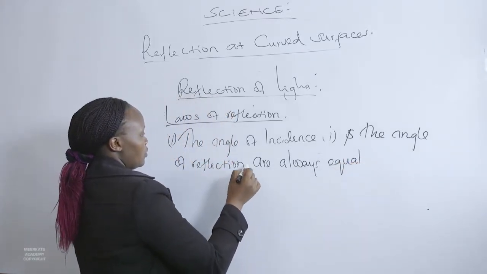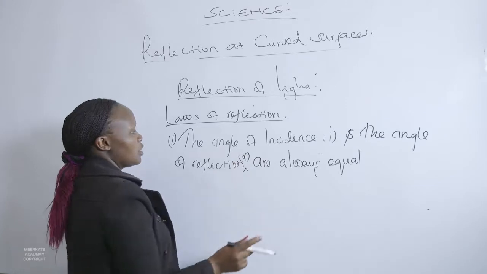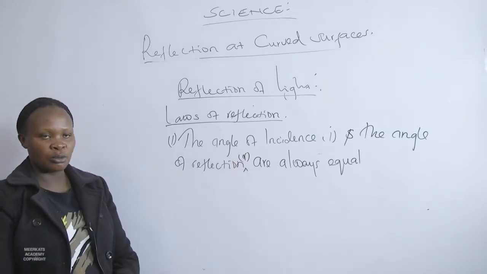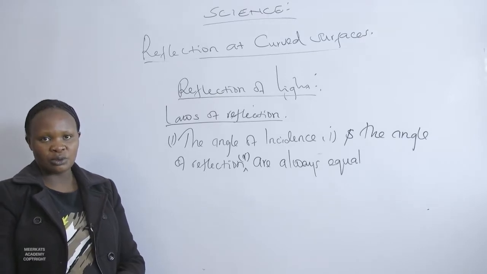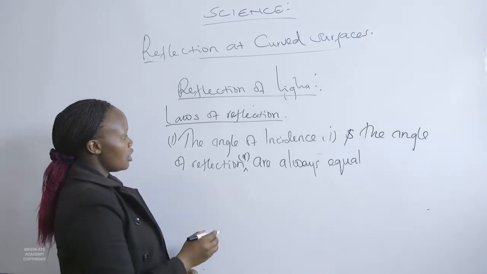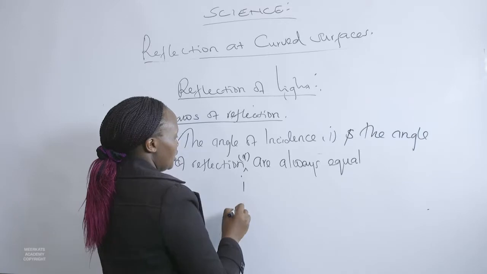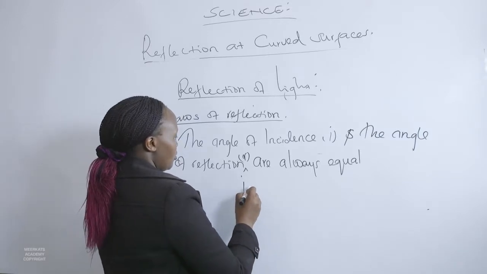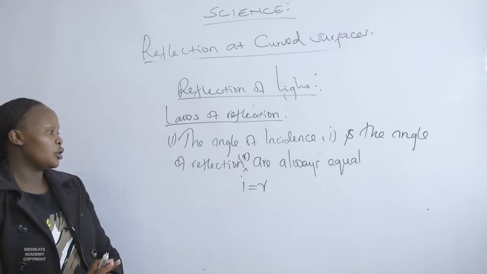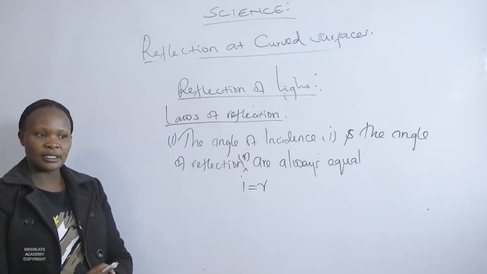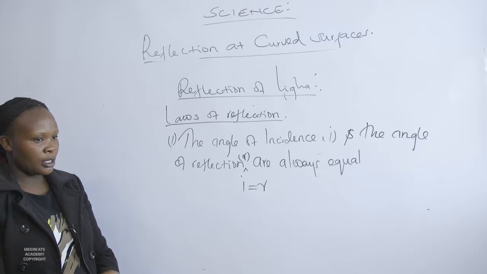The angle of reflection again is denoted using small r. So the two are always equal. Therefore, in symbols you write i is equal to r. That is law number one.